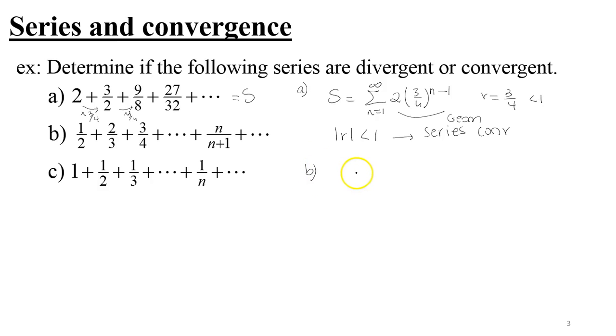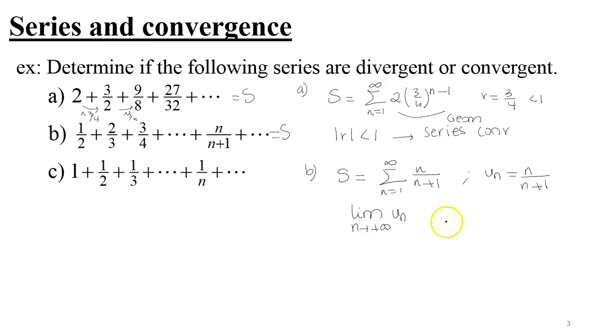However, if we look at part B, the sum S consists of the sum when n goes from 1 to infinity of n over n plus 1. So if I just call the corresponding sequence un, where the general term of un is n over n plus 1, I could start by studying the limit of un as n goes to positive infinity.